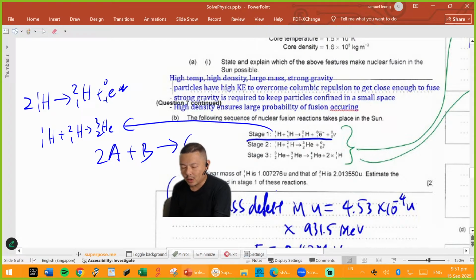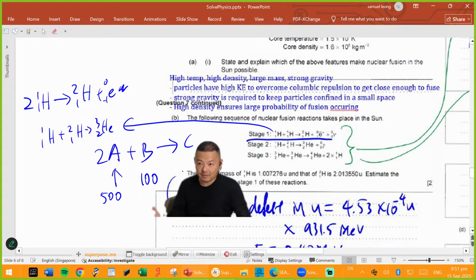Let's say I have 100 Bs, and A I have like 500. 500 As. How many reactions can I get? I won't get 500, right? I will get only 100 because B is my limiting reagent. In that sense, if that's what your friend is saying.